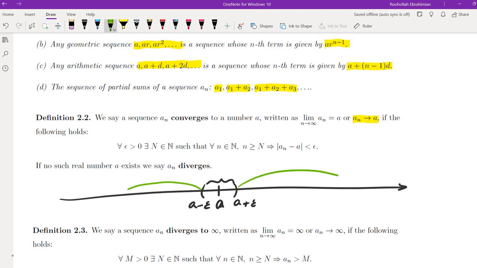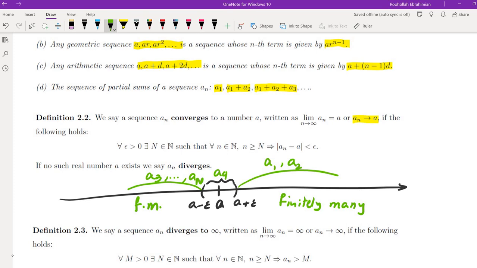So here you could have finitely many: a1, a2, maybe a3 is here, maybe a4 is here, and eventually you get to capital N. But the key here is you have finitely many of the terms outside. We cannot have infinitely many elements of the sequence outside of that interval. That's when we say the sequence approaches a.